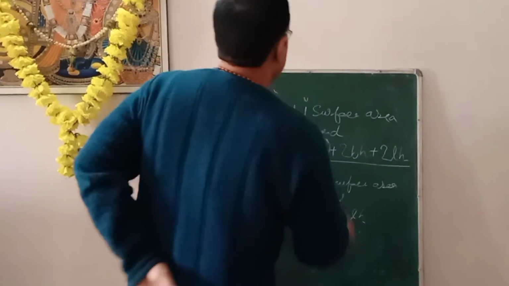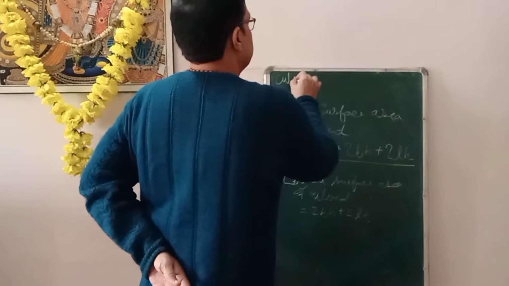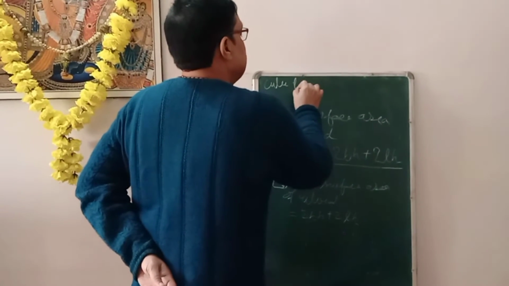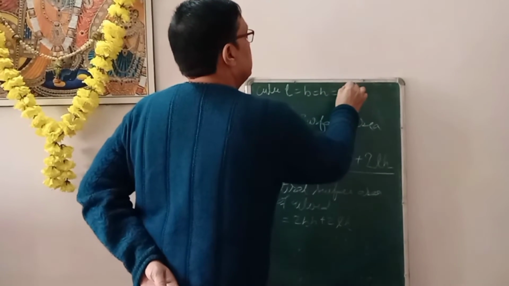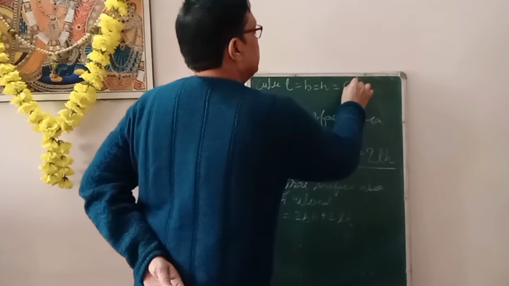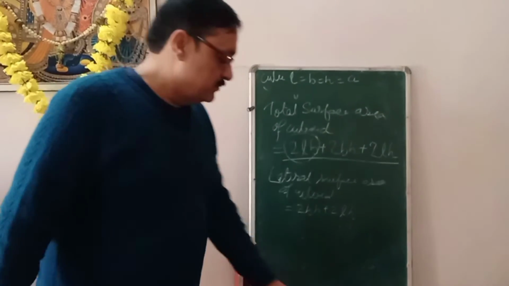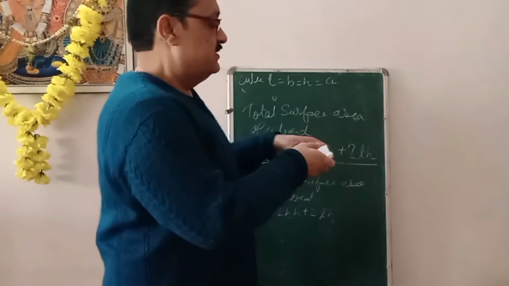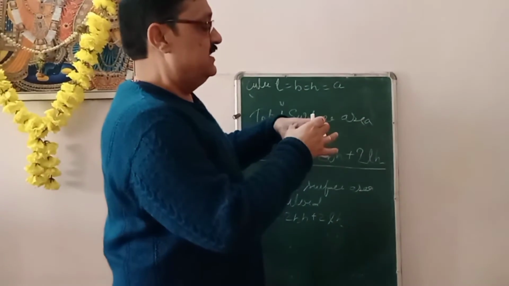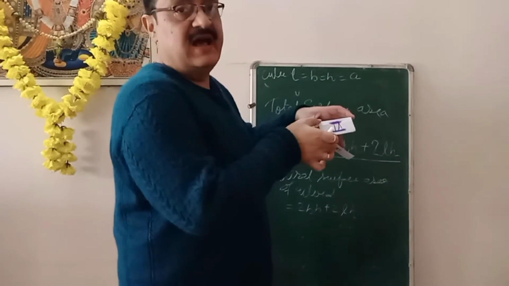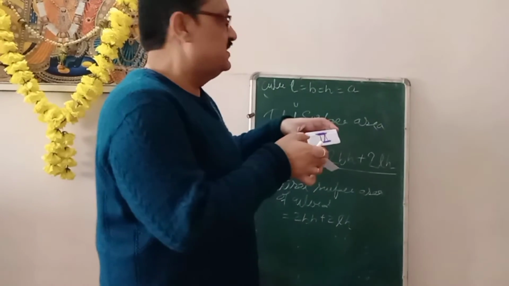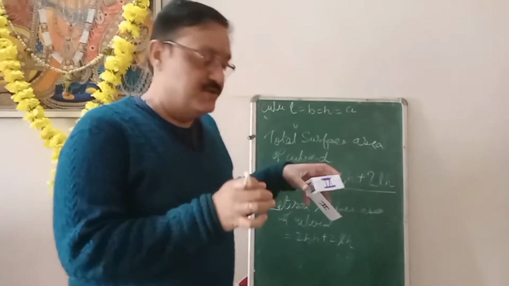In case of a cube, L is equal to B is equal to H, let us assume it is a. In case of a cube, this length, breadth and height, all 3 dimensions become equal.